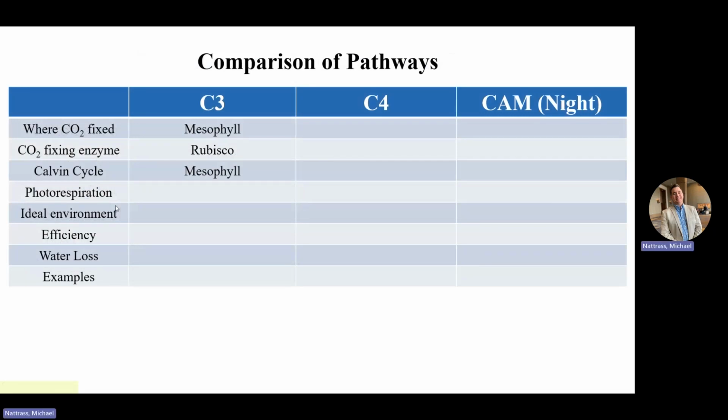All right, ending it out with a comparison of the pathways. Remember, C3 is going to be the Calvin cycle. This is the base. This is the original. We have Rubisco as the carbon dioxide fixing enzyme. The Calvin cycle occurs in the mesophyll cells.